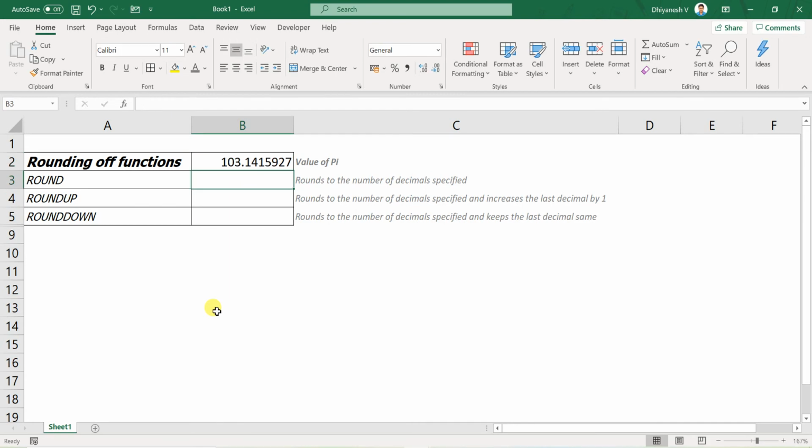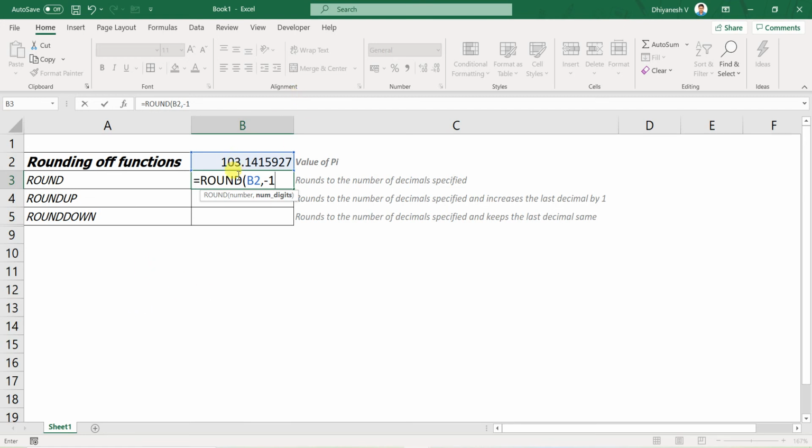Okay, so round to the nearest 10, then I will use round. Same thing here. If I add a positive number like comma 2 or comma 3, it will look after the decimal point. So after the decimal point you have to take this number of digits. If I specify something in negative, then it will consider the number to be rounded off before the decimal point.